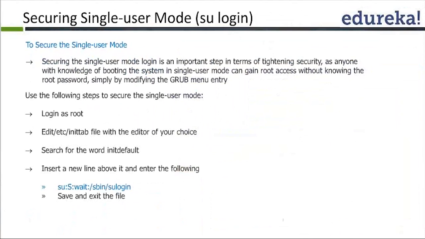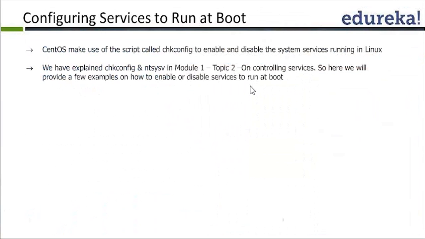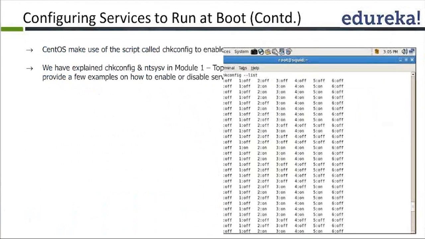Okay, so we have it here. CentOS makes use of the script called chkconfig to enable and disable the system services running on Linux. We have seen both these ways on the command line: how to modify the services using chkconfig, and the graphical way using the ntsysv tool.